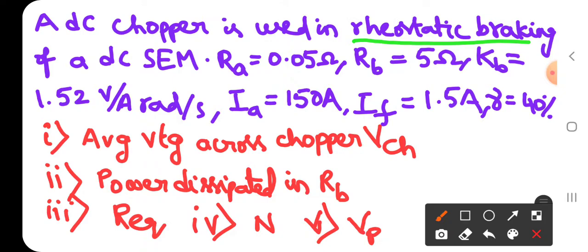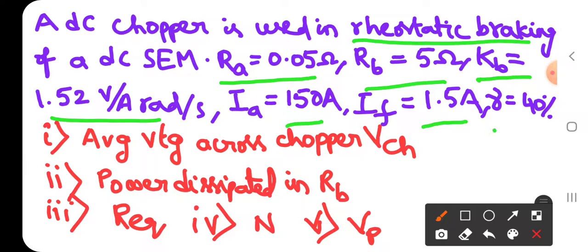Dynamic braking is employed for the separately excited DC motor connected to the DC chopper, and the various values are given: Ra, braking resistance, back EMF constant, armature current, field current, and duty cycle. We are asked to find the various components.